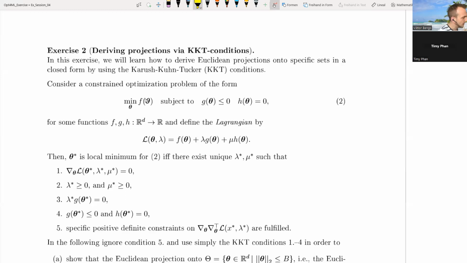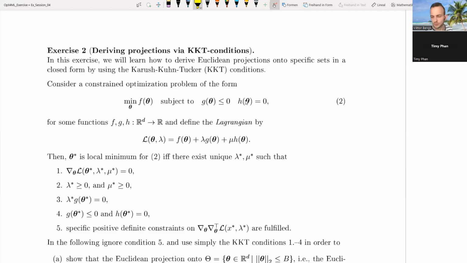The initial goal is to minimize some objective function f, but of course taking these constraints into account, which essentially specify your solution space theta.